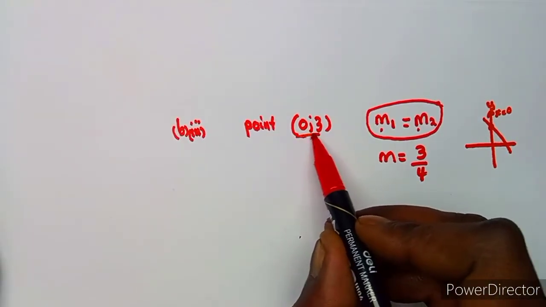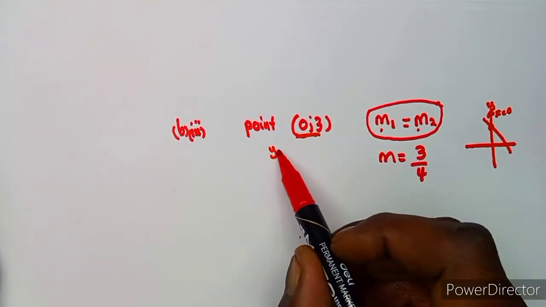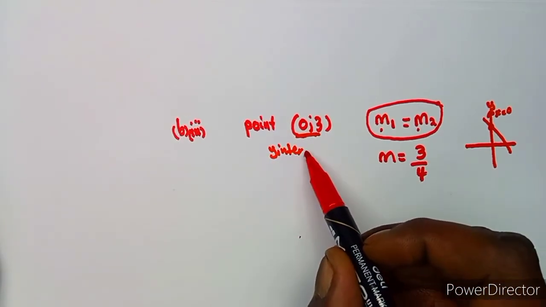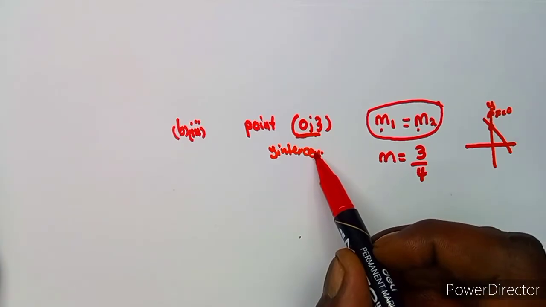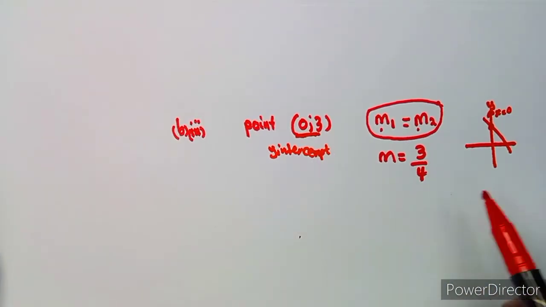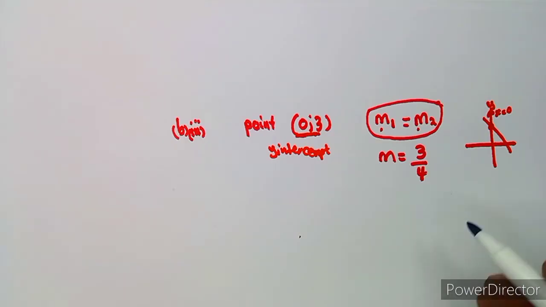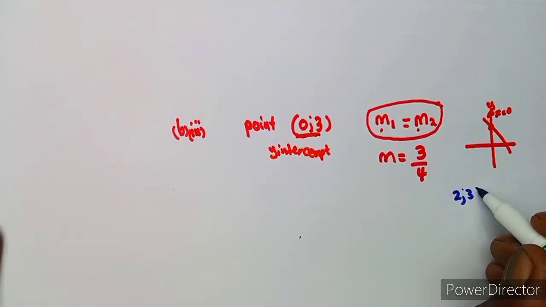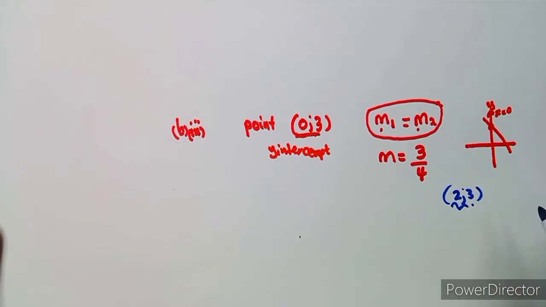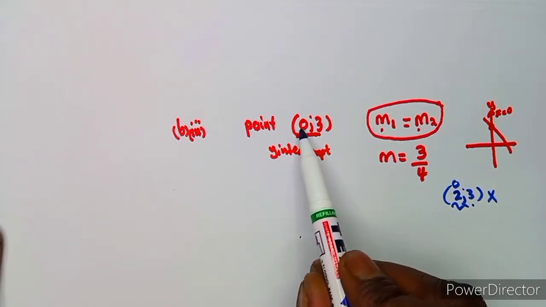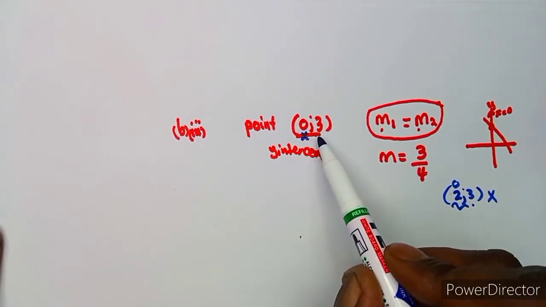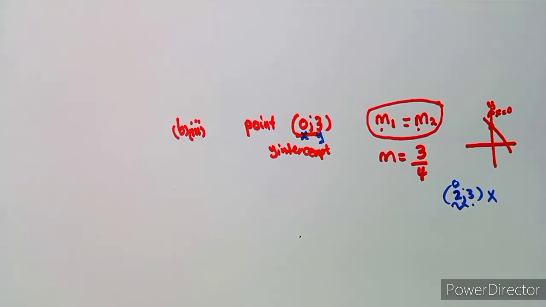So this point 0, 3 indicates our y-intercept. So it's not like when you are given a point 2, 3 and then you say this is my y-intercept. No, that one is not. When your x is equal to 0, that is your y-intercept. Like this one, x is equal to 0 there.